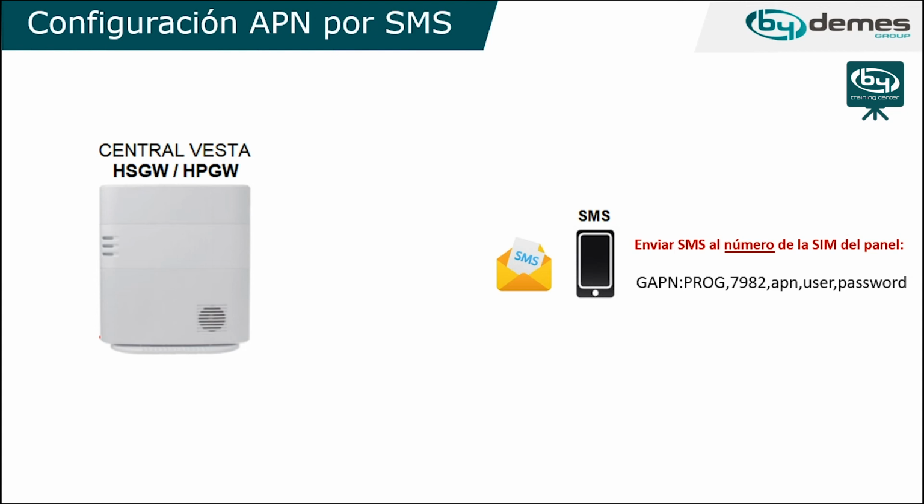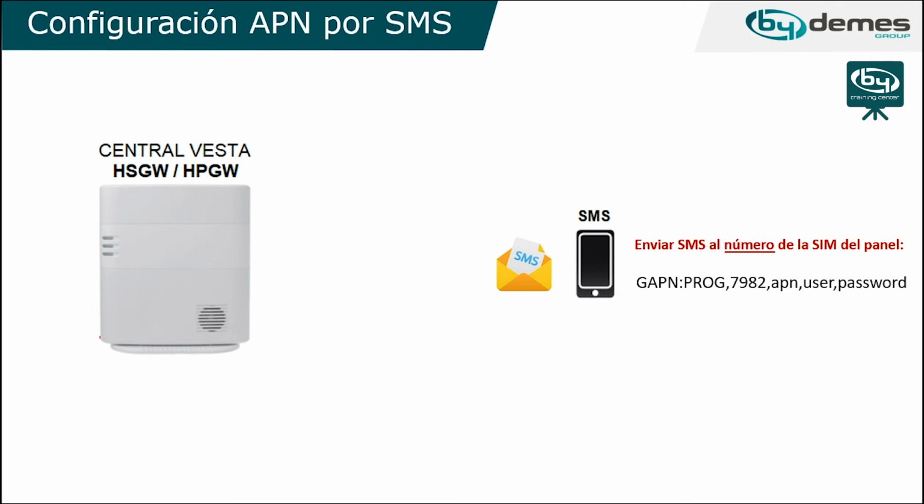And lastly, if we don't have access to the internet, in addition to programming via local IP, we can also do it by SMS. The only thing we have to do is write an SMS on our mobile phone with the following data: GAPN: PROG.